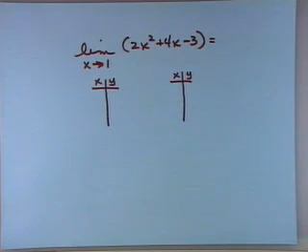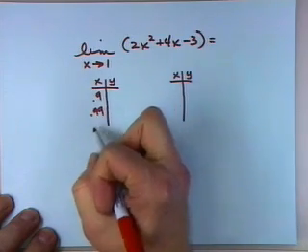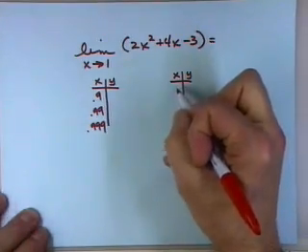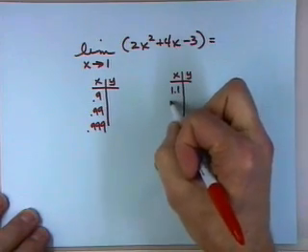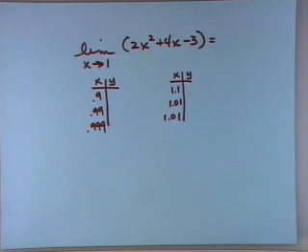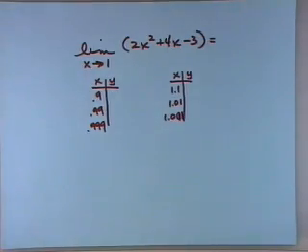Since we need to approach 1 from both sides, let's do so less than 1, and let's do so over here a little bit larger than 1. So we want to get closer to 1.